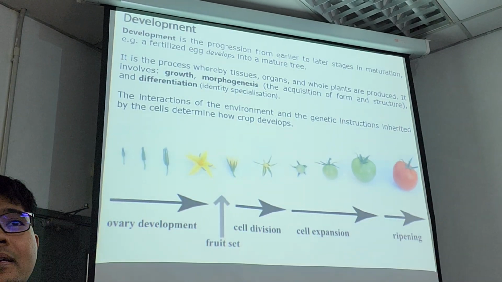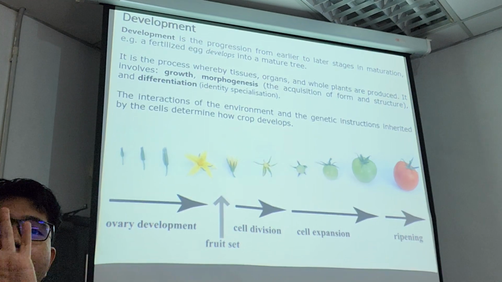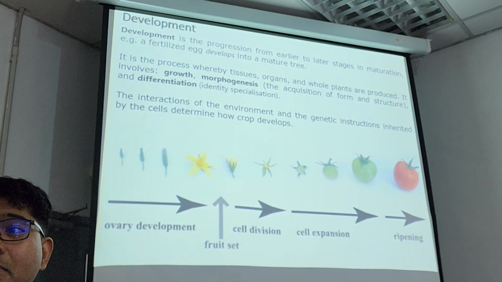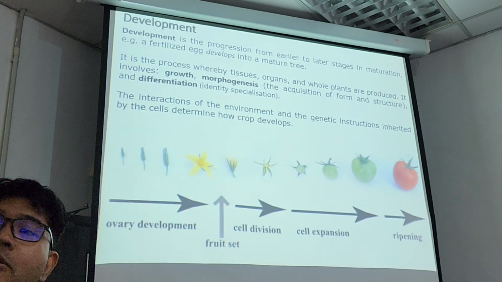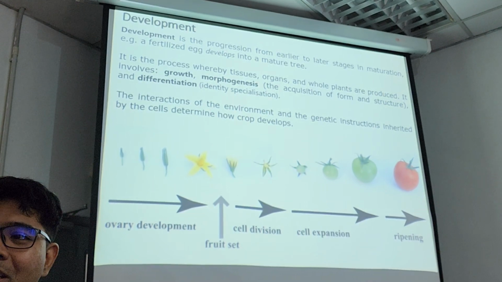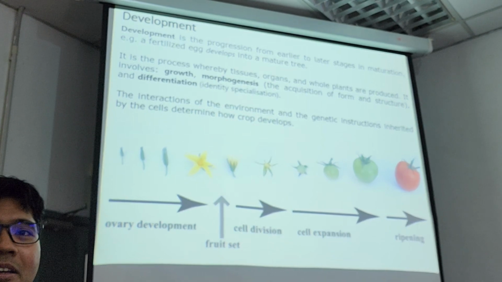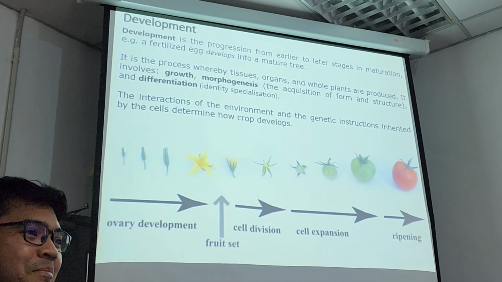Anybody know Pokemon yang boleh evolve 3 stage? Ivysaur. Bulbasaur to Ivysaur. That's only 2. We want 3. Which one? Venusaur, then Mega Venusaur. Boleh lah.